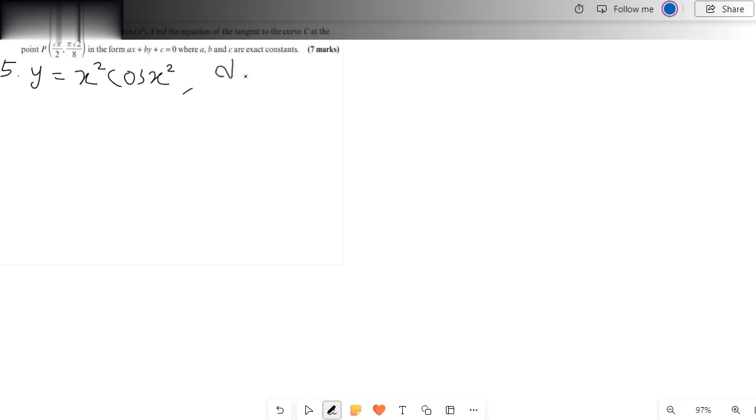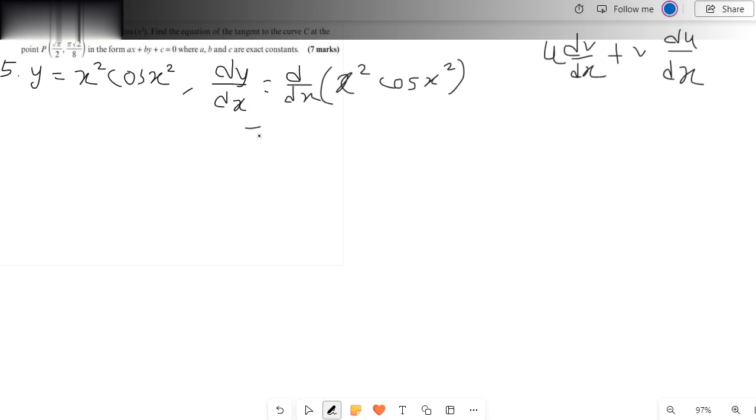So we can find that dy by dx is equal to d/dx of x squared cos x squared, and so we can get x squared multiplied with d/dx of cos x squared plus cos x squared multiplied with the derivative of x squared.